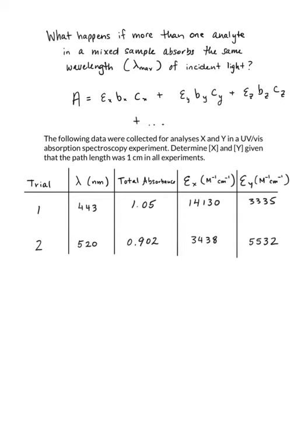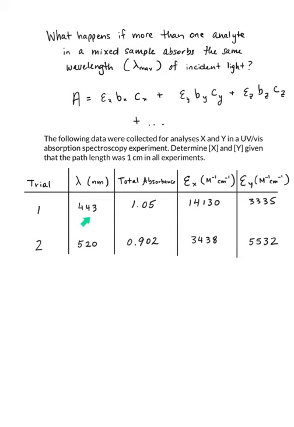These data in this table are collected for analytes X and Y in a UV-vis absorption experiment. Our goal here is to calculate the concentration of X and the concentration of Y in a sample that contains X and Y, where a path length of 1 is used in all experiments.